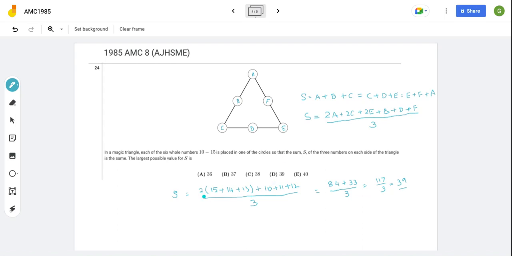So we say 2 into 15 plus 14 plus 13, which are basically the highest numbers, and then the other numbers are going to be counted only once, 10, 11 and 12, which will come in the middle. So this divided by 3 gives you a total of 84 plus 33 by 3, which on simplification comes to the value 39, which is D, and that's your answer.